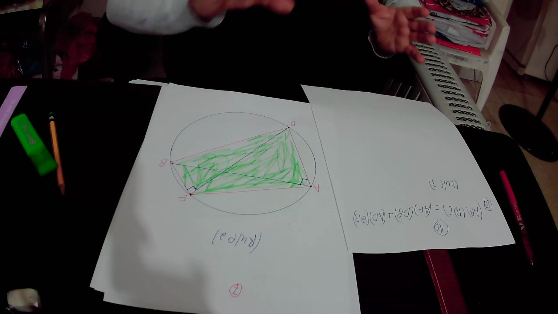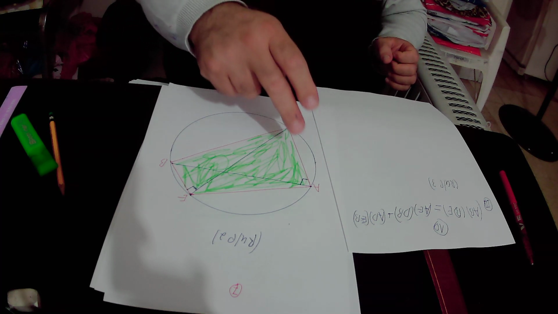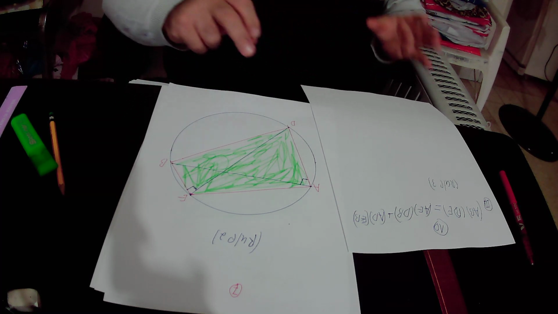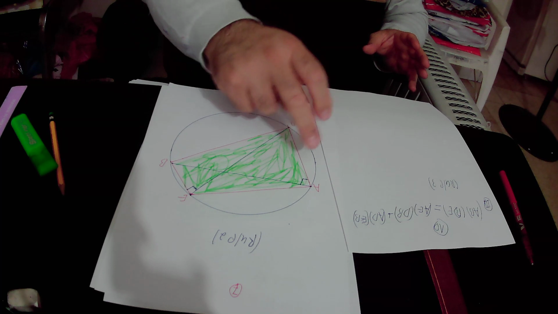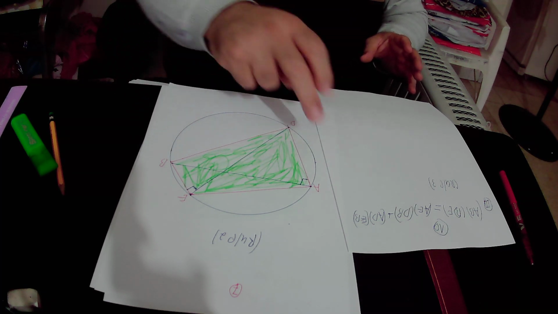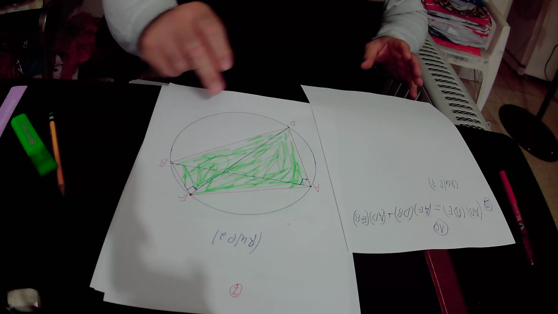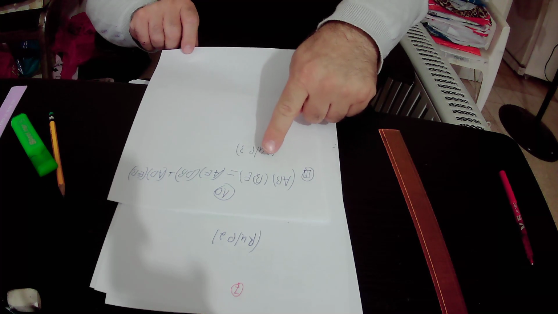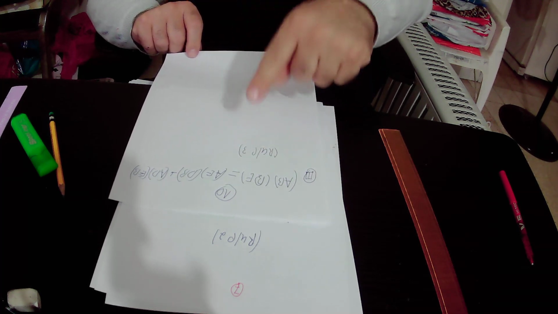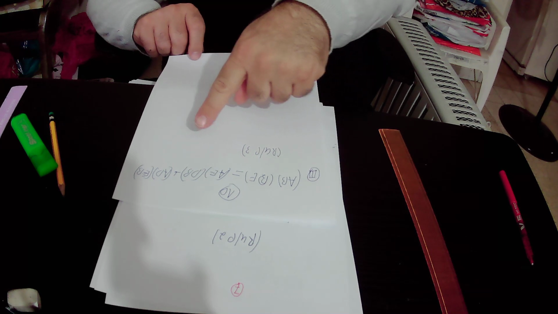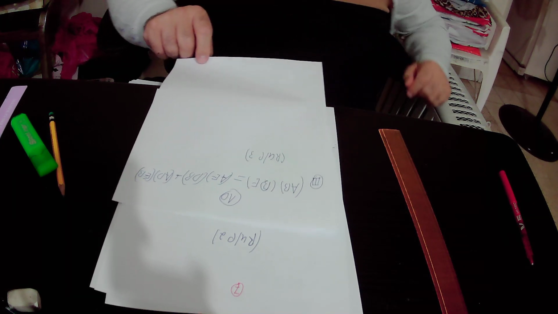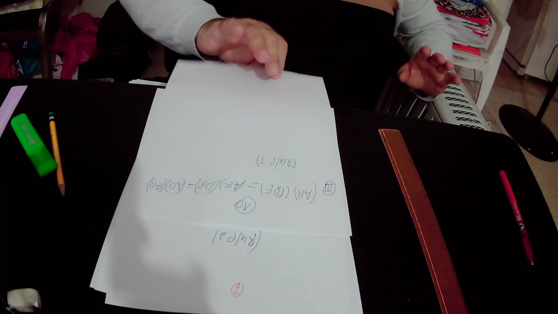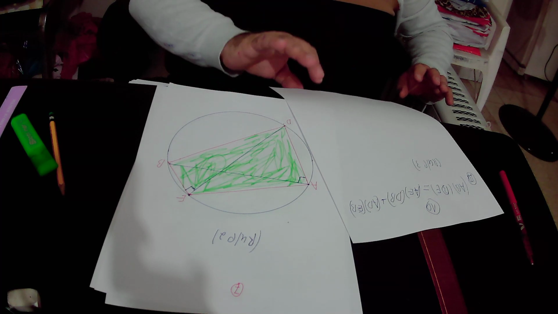According to rule number 3, the product of its diagonals, AB times DE, equals the sum of the products of its opposite sides, that is AE times DB plus AD times EB. Okay? I'll repeat again. Equation number 3 is the implementation of rule number 3 in this drawing.